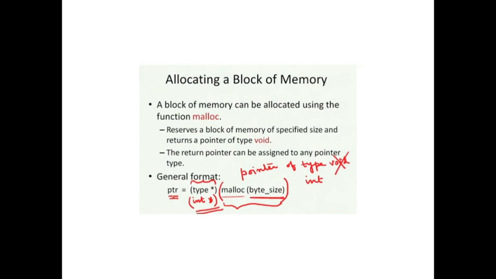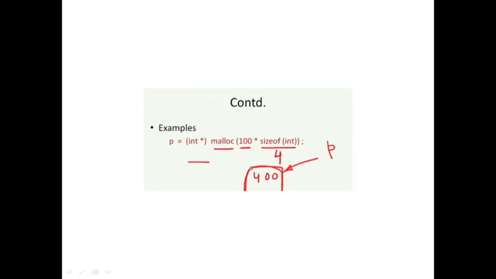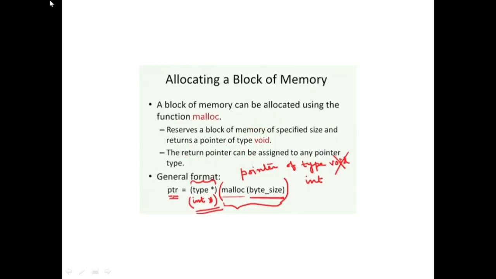And if you remember from the pointers lecture, pointers must be declared with some data type. Here the pointer being returned is of type void, so in actuality we have the flexibility to convert this pointer to any data type. So this is what we have done here. By typecasting it to a particular data type, we can make that pointer of that particular type.